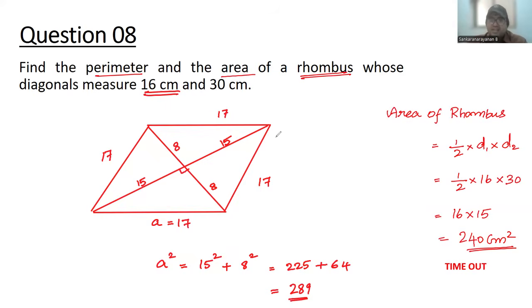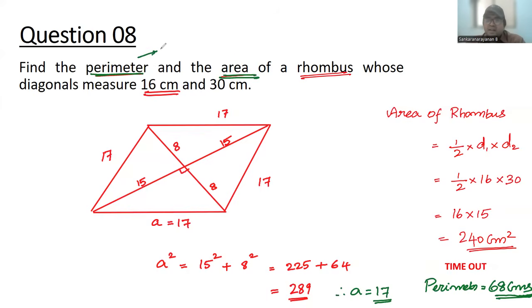So that will be coming here as 68 centimeters. Got it. So they were asking you to find the perimeter and the area of the rhombus.